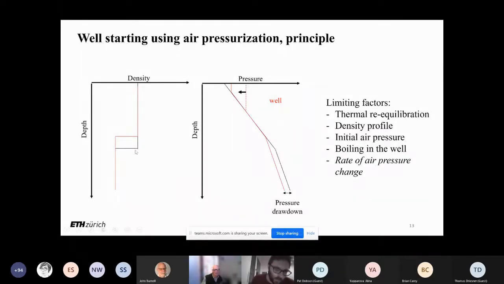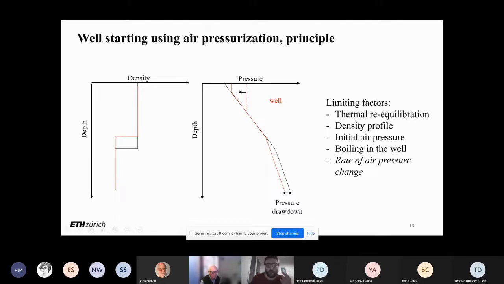The bigger the density change you have with depth, the easier it's going to be to create a big pressure drawdown, because you have a bigger density difference between the well and the formation. Another thing that might help is that you might actually have boiling in the well. If it's sufficiently hot and you drop the air pressure down to sufficiently low pressure, then the top of the water column in the well here might actually boil and suddenly drop in density dramatically.